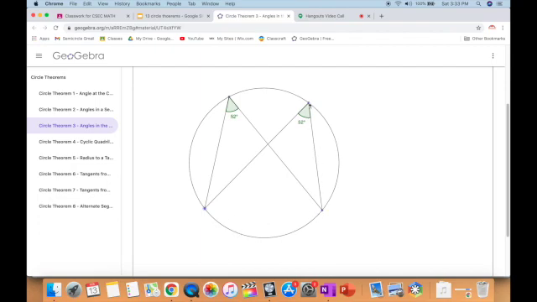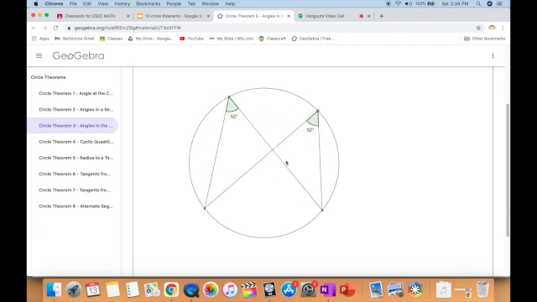And if I take this, no matter where I put it on the circle, that 52 degrees stays the same, because the distance of the arc doesn't change. So because the arc stays the same, the angle will always stay the same, right?